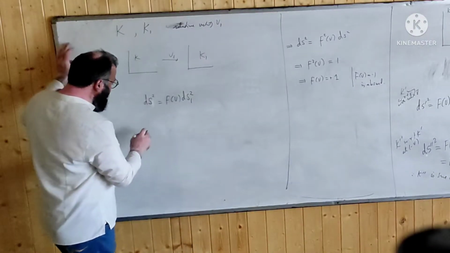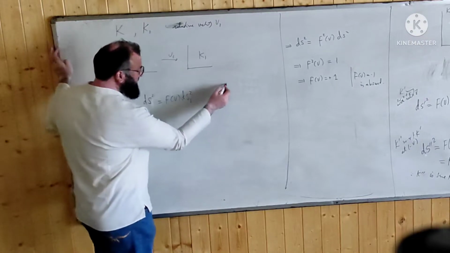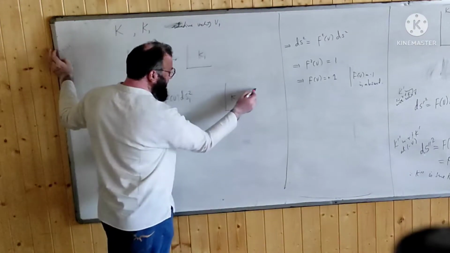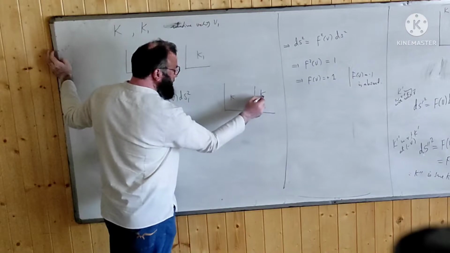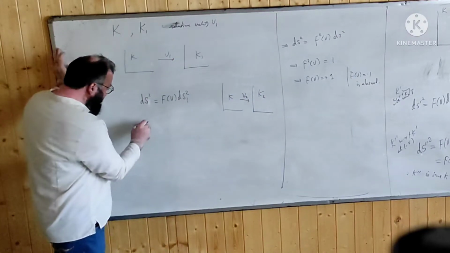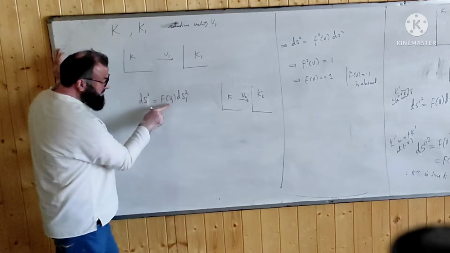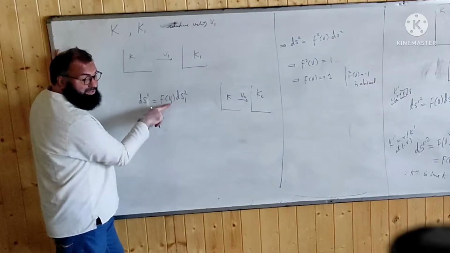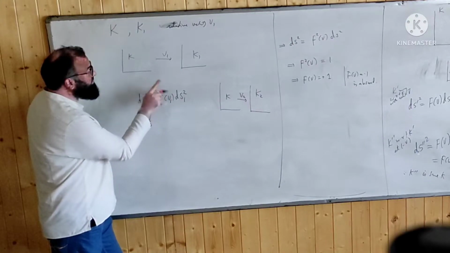Now let's take another case: the same k frame, and another frame k2 that moves with velocity v2. It will depend on the magnitude of the velocity v2 between the two frames.